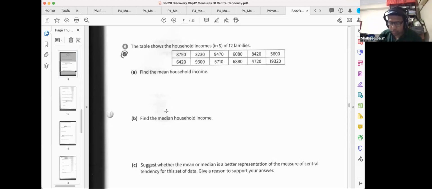Well done. So it's between the 6th and 7th. 12 plus 1 is 13 divided by 2, 6.5. So the 6th number is 6420 and the 7th is 6880. You add together, divided by 2, you get 6650.